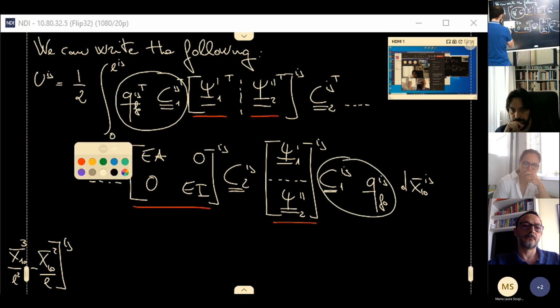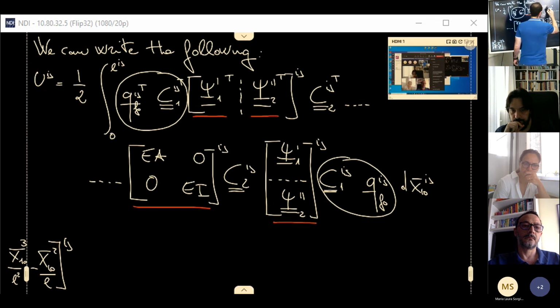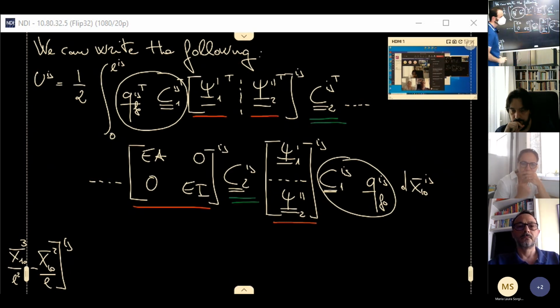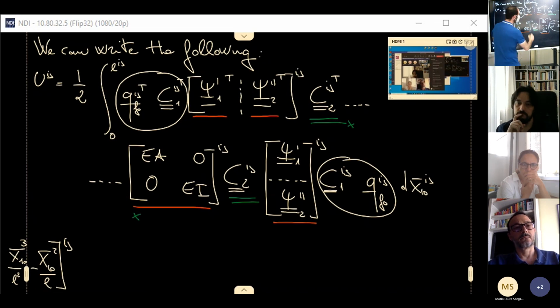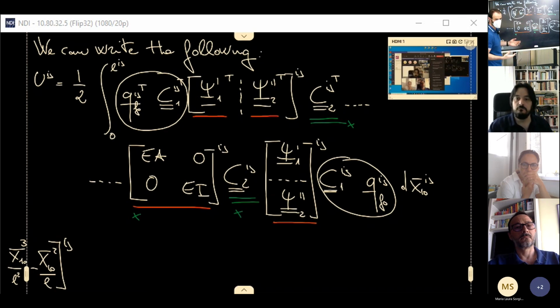Now, what about instead these two matrices here? We know that they describe a rotation, so they are orthogonal matrices. Meaning that when I multiply this term to the stiffness matrix, and then I multiply the result to this, eventually what I'm going to get is a cancellation of the contribution of this and this.